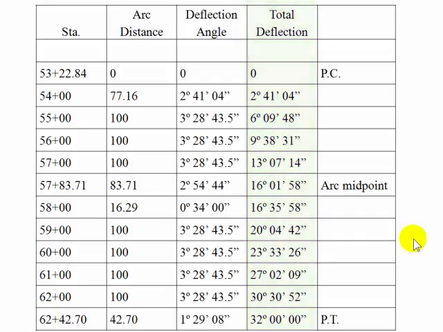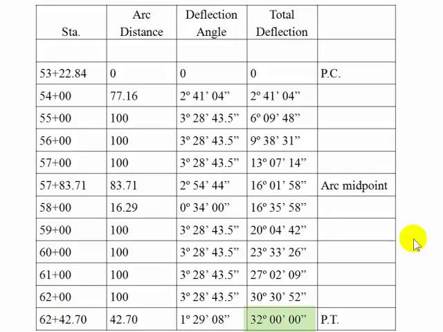The total deflection at station 55 plus 00 is the incremental deflection from 54 plus 00 summed with the one from 55 plus 00. Notice down at the end of this column that the total deflection to the PT is 32 degrees, 0 minutes, 0 seconds.